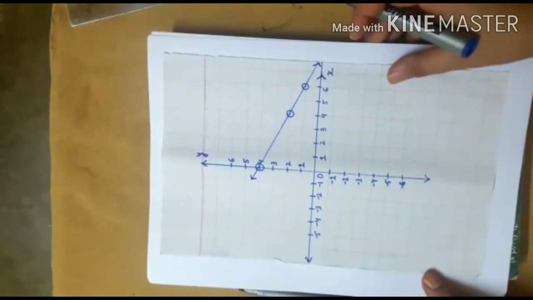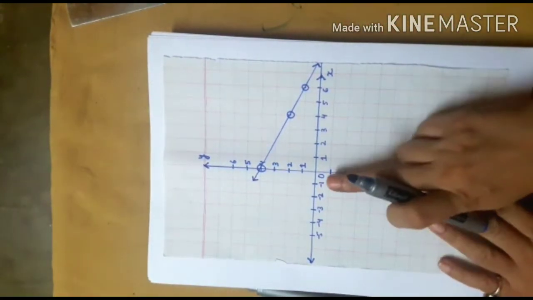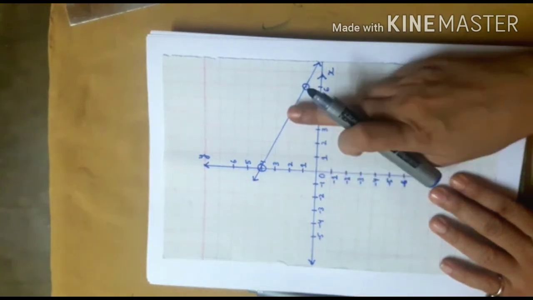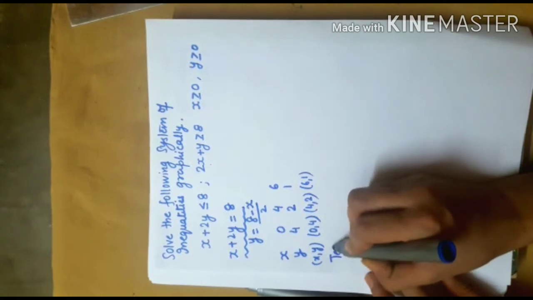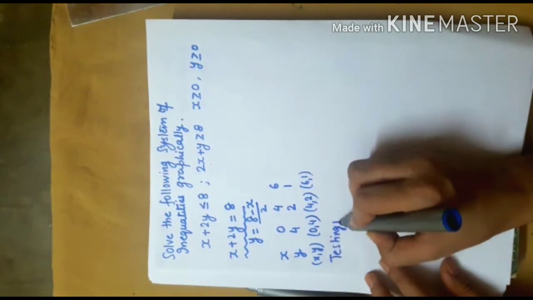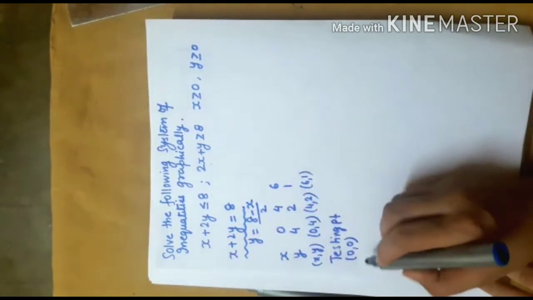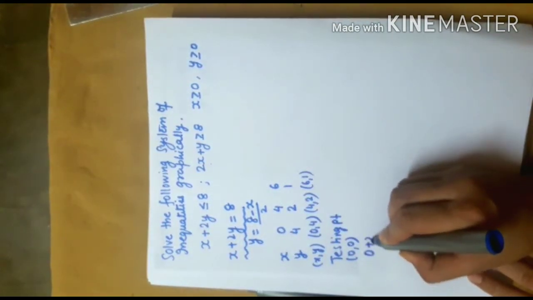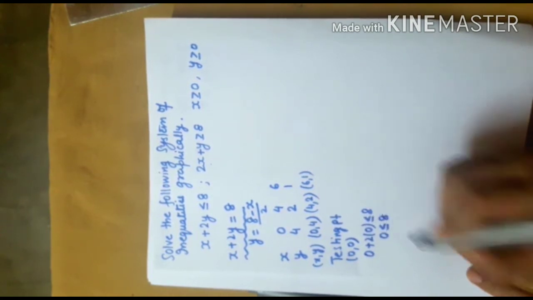Now we have to identify the solution region. For that, I'll take a testing point. Yes, 0, 0 does not lie on this line. So the testing point will be 0, 0. I'll put x as 0 and y as 0. So I'll get 0 less than or equal to 8.